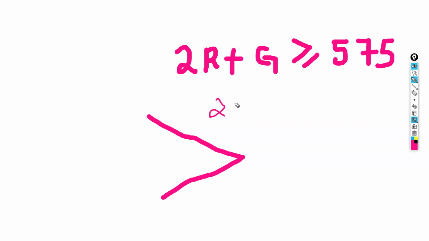So I'm having 2R equal to 575 minus 280. Okay, 295. So it will give you 1 point what? 1.9 meters.